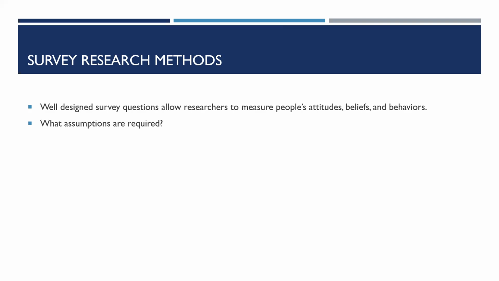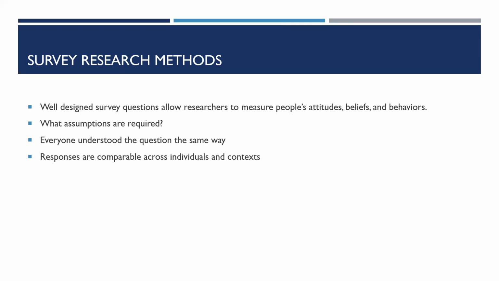So what are the assumptions required here? I'm just going to go through these quickly and ask clarification questions if and when I think they're needed. But we have to assume everyone understood the question in the same way. And again, there's big debate about this, particularly when we are conducting cross-national analyses where surveys are translated into different languages.